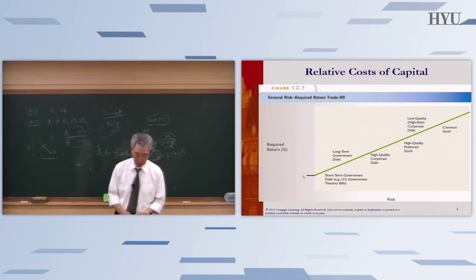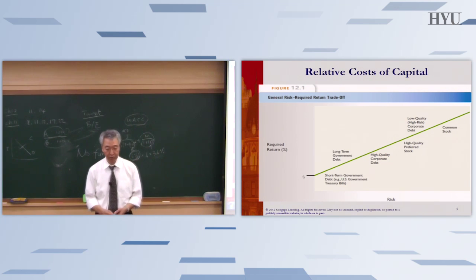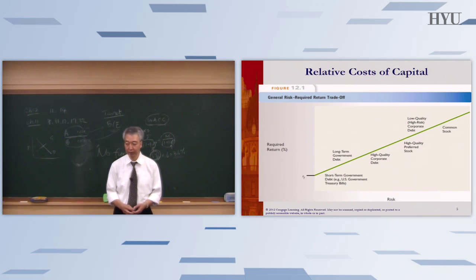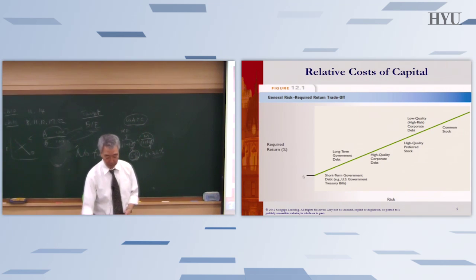Which security has the least amount of risk? You can say the short-term government debt, like a U.S. government treasury bill, like a 3 month treasury bill. There's almost no chance that the U.S. government will go bankrupt in 3 months, so we consider that the risk-free rate, okay?